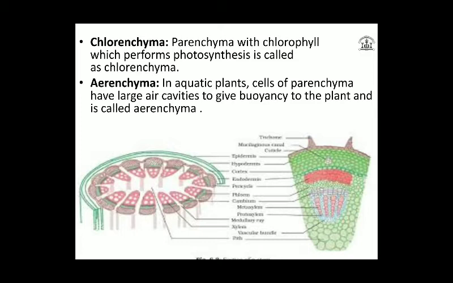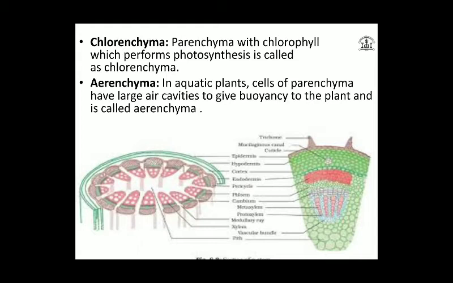Then in aquatic plants, the plants which grow under the water, for example lotus, the parenchyma has large air cavities which allow the plants to float.